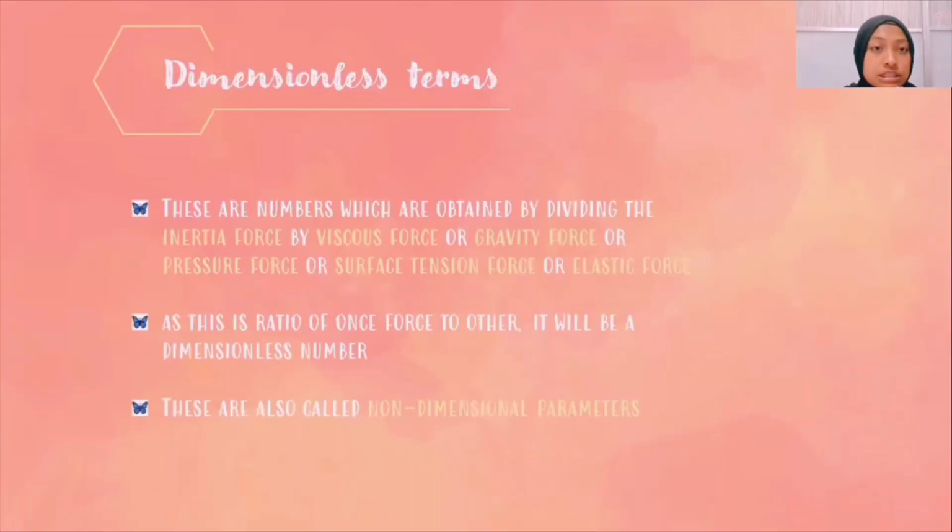Next is dimensionless terms. Dimensionless terms are numbers which are obtained by dividing the inertial force by viscous force or gravity force or pressure force or surface tension force or elastic force. As this is a ratio of one force to another, it will be a dimensionless number.